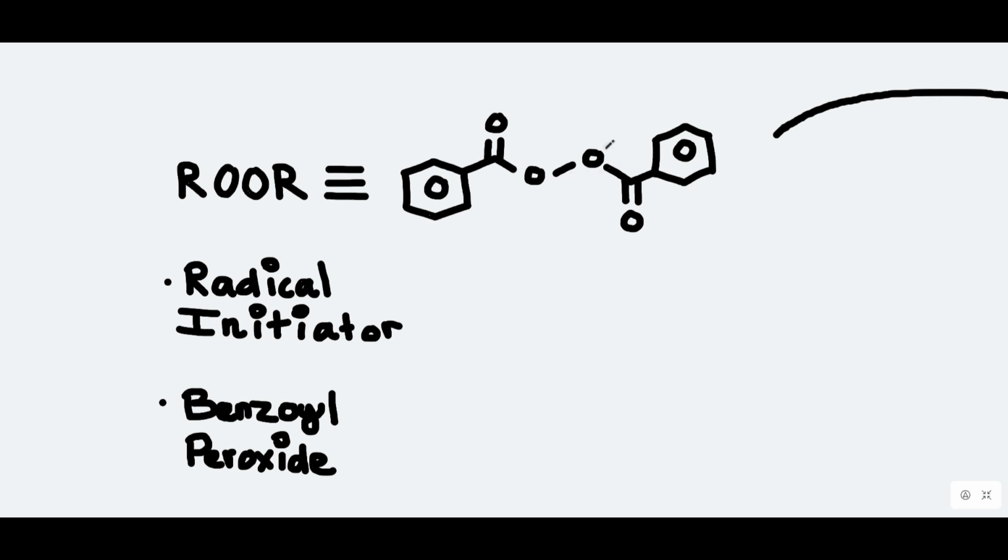And finally, if we were to split this down the middle, we would have identical molecules. And this is very important in terms of the formation of our radical. As I said before, this is a radical initiator, and it is a benzoyl peroxide molecule. In general, for this type of reaction, you can use any peroxide, but in this case, we're using benzoyl peroxide.